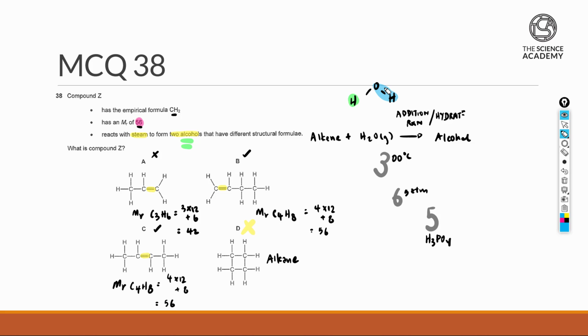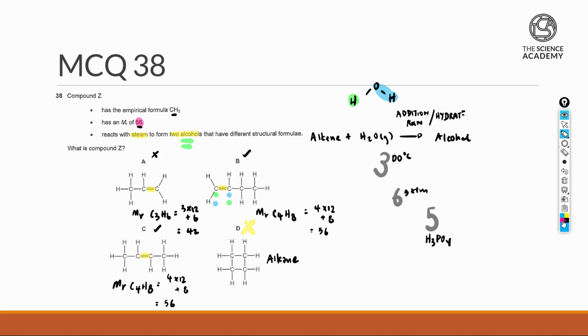Because of the double bond position, water itself can split with the H in green and the OH over here, or I can go with green at this position and blue at the other position. You can see that this will result in compounds that are isomers because they have two different structural formulas.